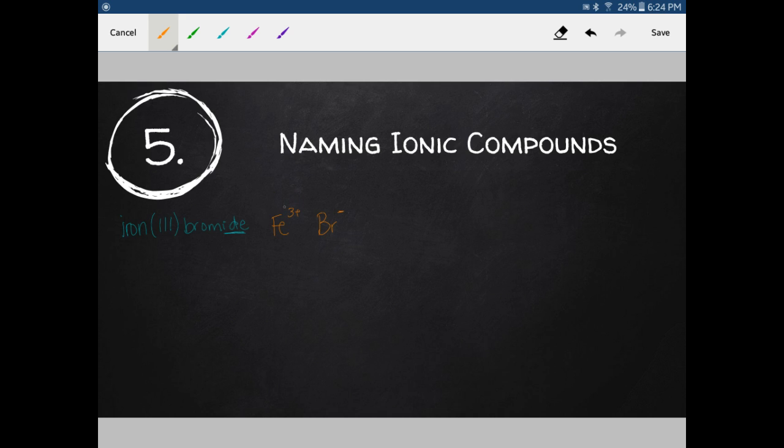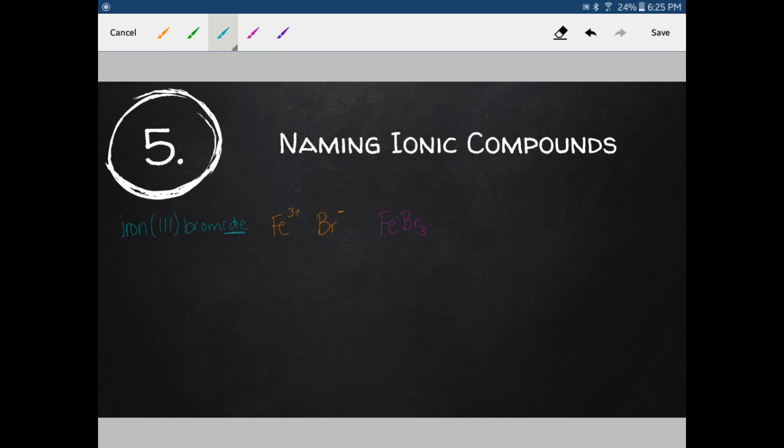So if this has a 3 positive charge, I have to have 3 negatives, which means I need 3 whole bromines to cancel out my 3 positive on my iron. So I need to have 1 iron with a 3 positive charge and 3 bromines. So I crisscross my numbers. So this is a 3 and this is an invisible 1. And I crisscross those down. So I get FeBr3. Okay, so that's iron 3 bromide.